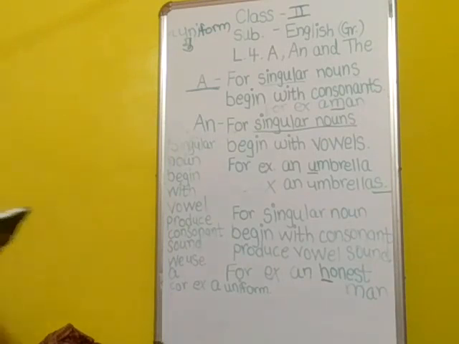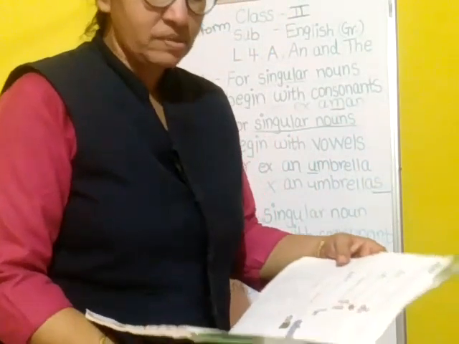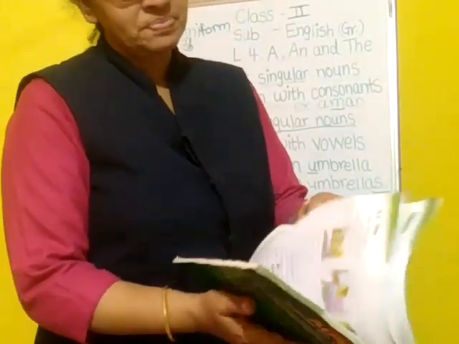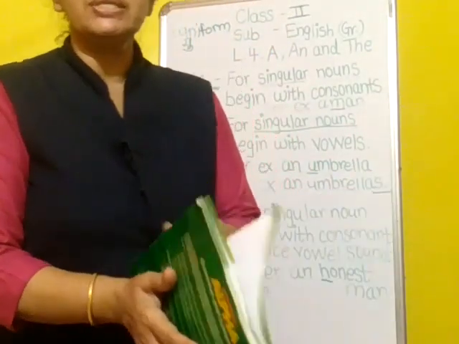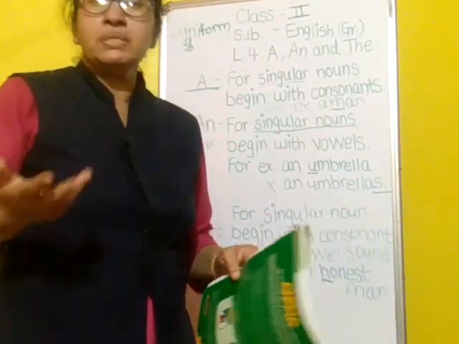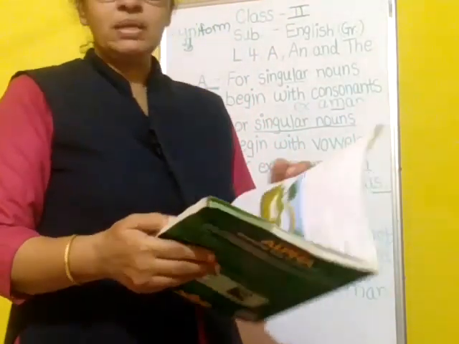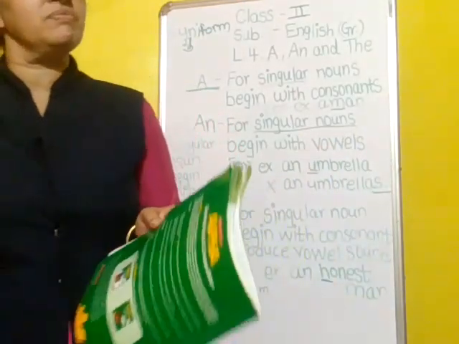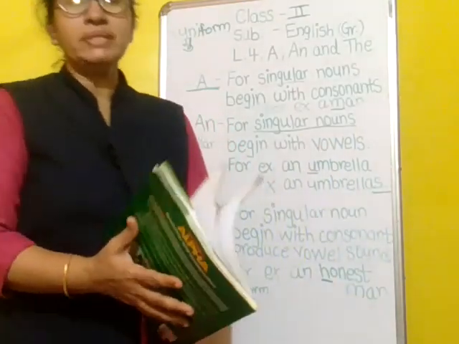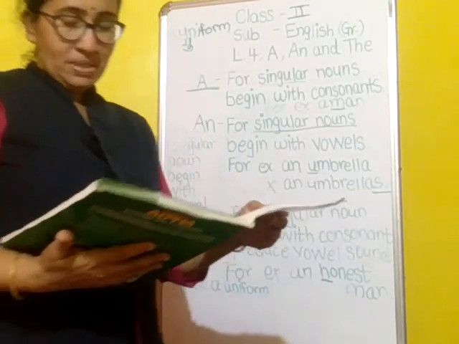Then in third lesson we have completed naming words. They are he, she, it, they, us, me, you, their, them, her, him. All these are naming words. So we have completed all these topics.